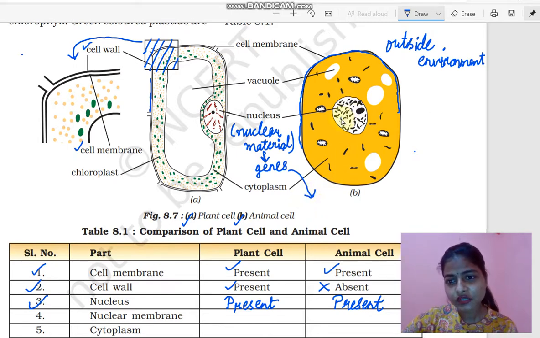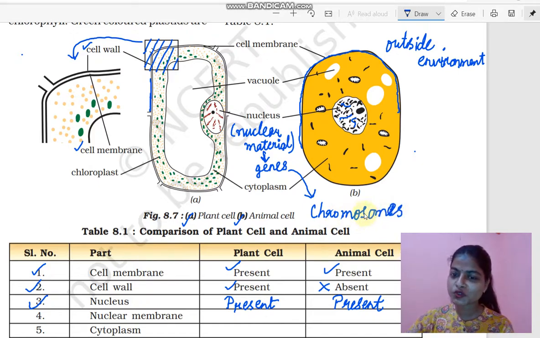We can see these thread-like structures in the nucleus of the cell during division, and they are known as chromosomes. So we say that genes are present on chromosomes and genes transfer information from parents to offspring whilst the cell divides.